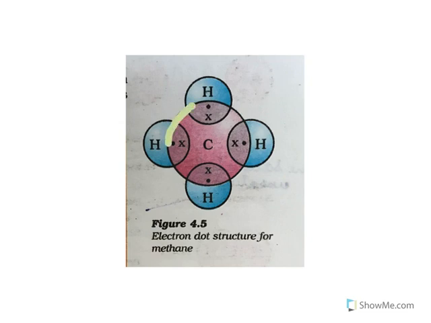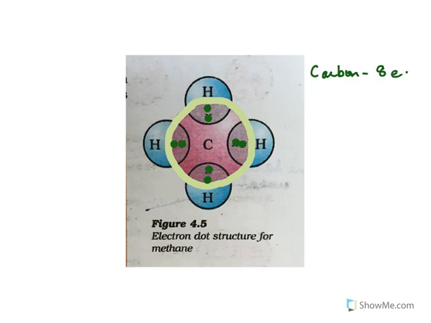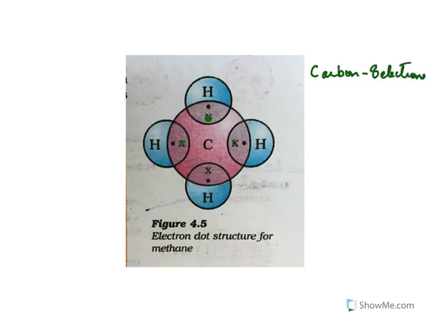Now look at the carbon atom and see the number of electrons it has: 1 from hydrogen, 1 its own, 1 from hydrogen, 1 its own, and so on. So the carbon has 8 electrons. Now take a look at each hydrogen atom.